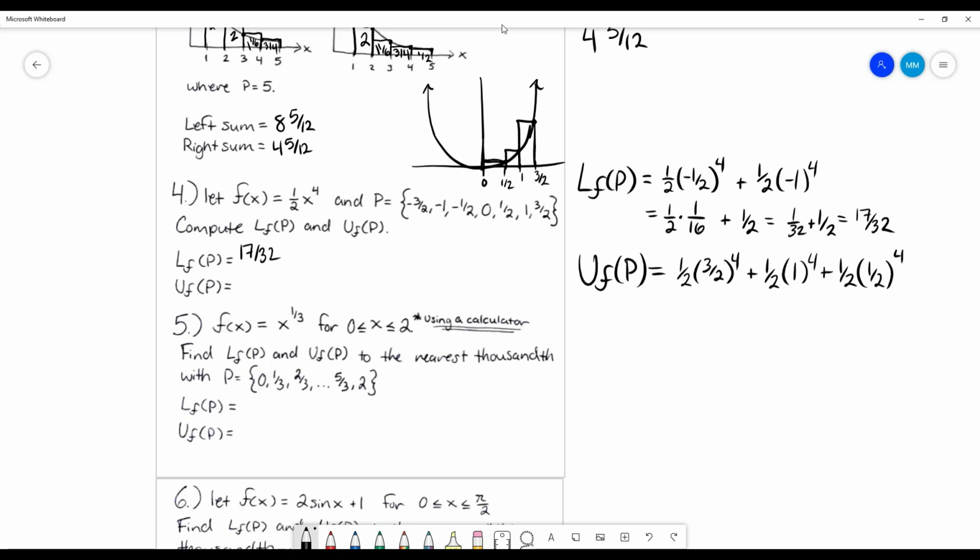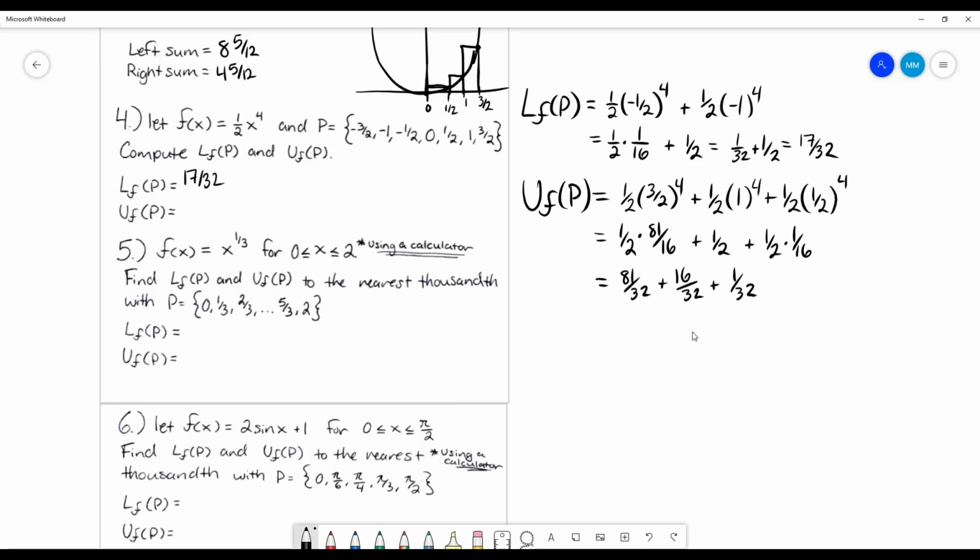Okay, 3/2 to the 4th is a little tricky, just because I don't know what 3 to the 4th is. Yes, I do, it's 81. It's going to be 1/2 times 81 over 16, plus just 1/2, plus 1/2 times 1 over 16, which gets us 81/32 plus 1/2, which is 16/32, plus 1/32.